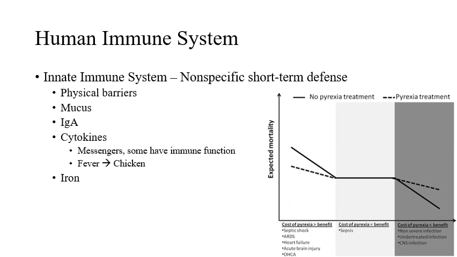Cytokines are basically cellular messengers that have some kind of immune function. One of the things they do is help regulate a fever state. And fever is kind of an interesting thing wherein the body is saying, okay, we're going to turn up the temperature, and I think my cells will last longer than your cells, right?